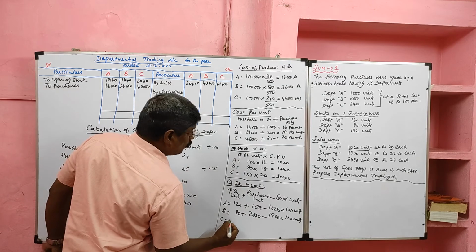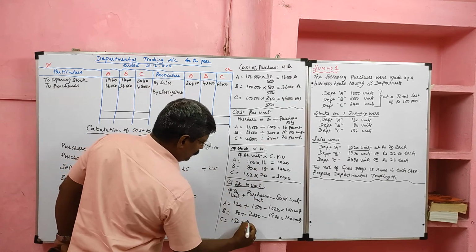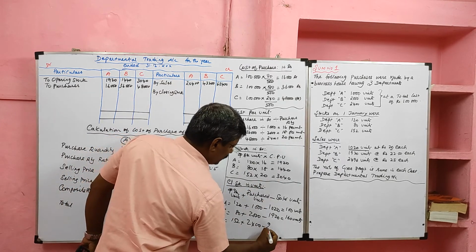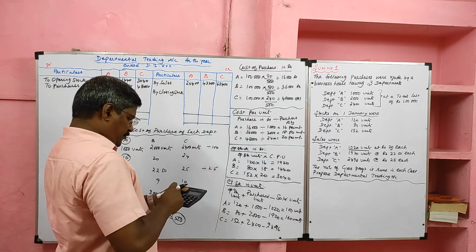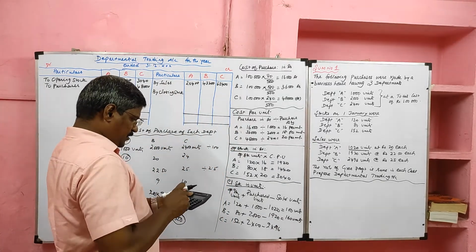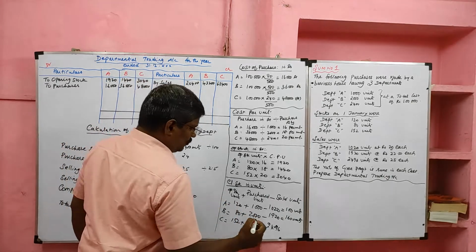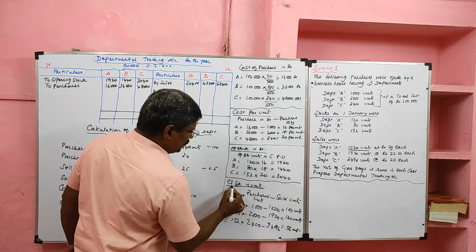Then for C, opening stock they had 152 units, they purchased 2400 units, minus they sold 2496. So 152 plus 2400 minus 2496. So the closing stock they had 56 units. Now we ascertained the closing stock in units.